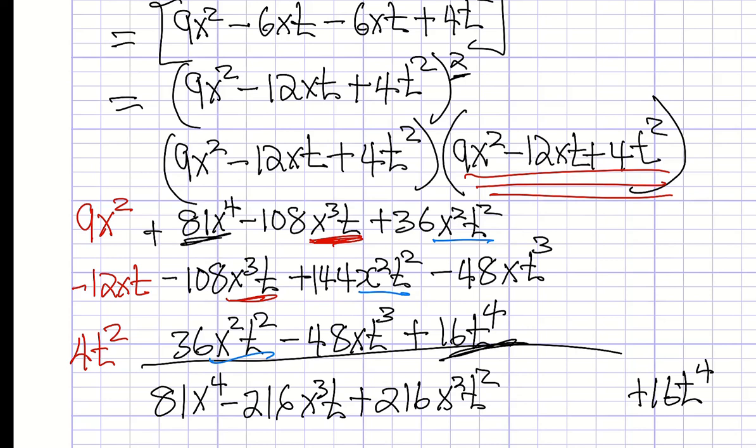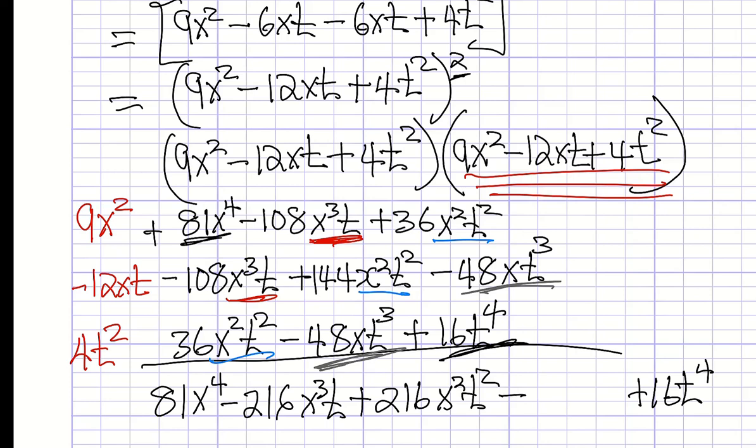The only one we'll have left is, let me see if I can find a different color. The only one left is this one here. Let me see. Yeah, this one and that one. You see it, right? Alright, we'll add those up. They're both negative, so we'll say negative.